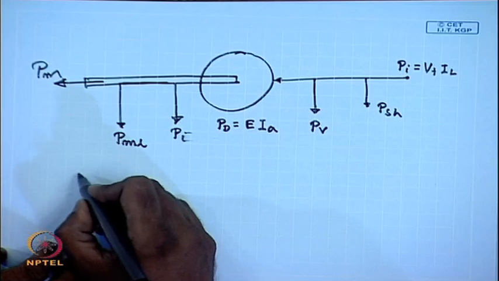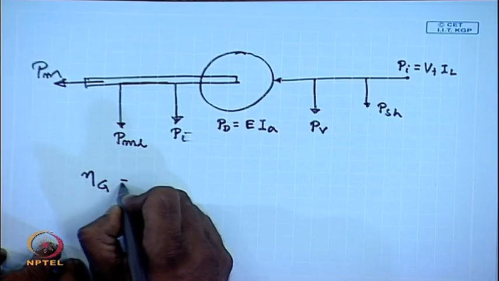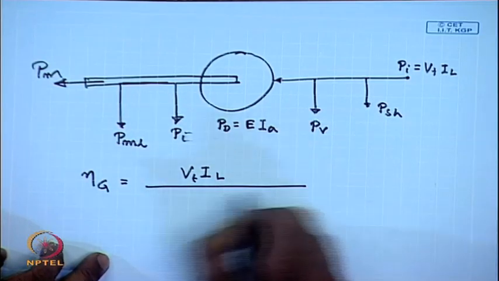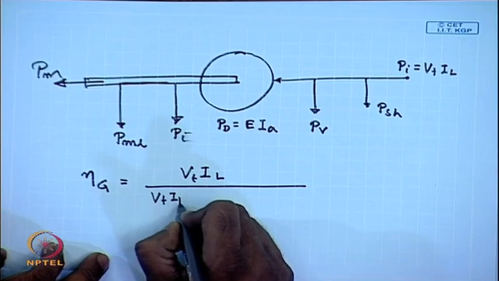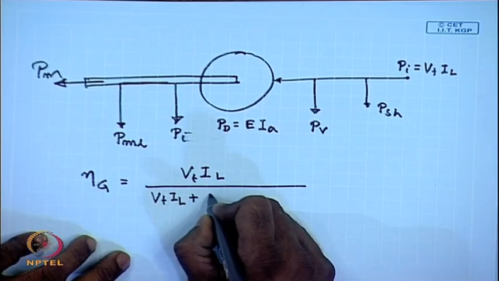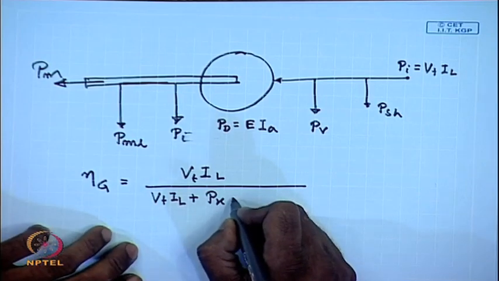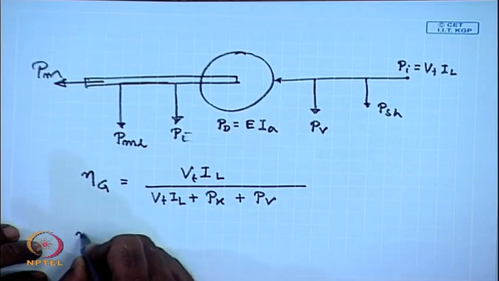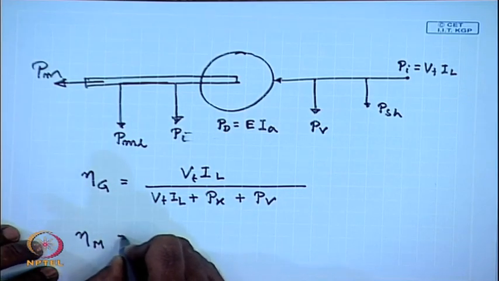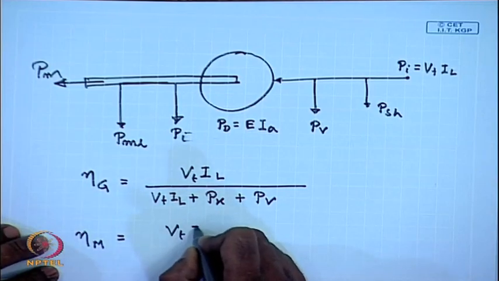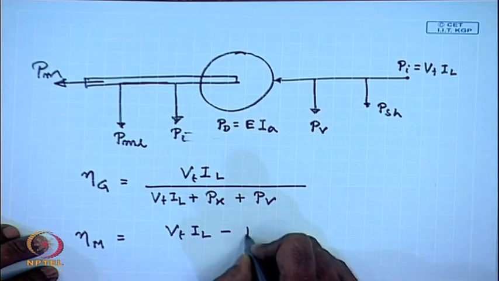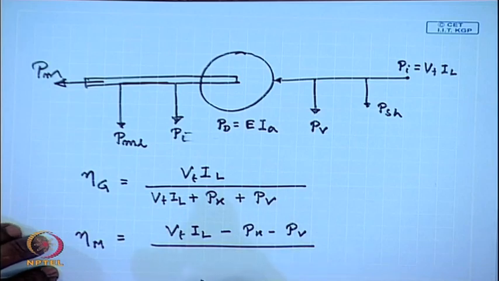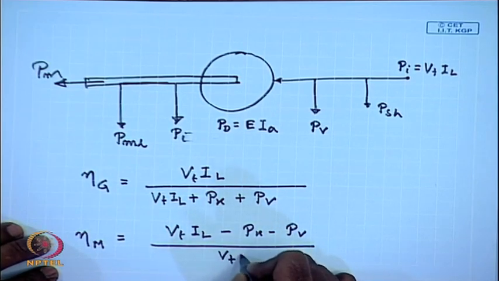So, the generator efficiency equal to Vt IL divided by Vt IL plus Pk plus Pv, and motor efficiency eta m equal to Vt IL minus Pk minus Pv by Vt IL.